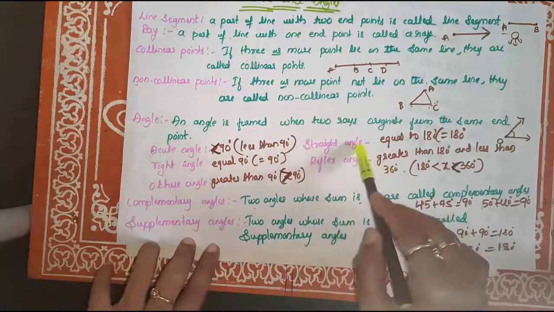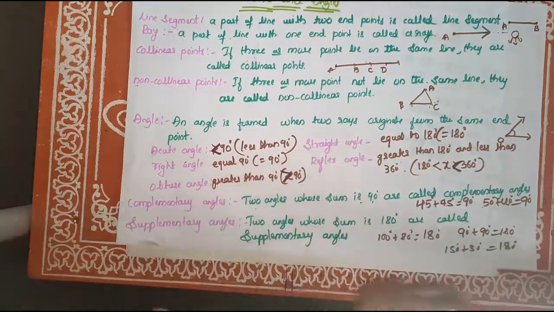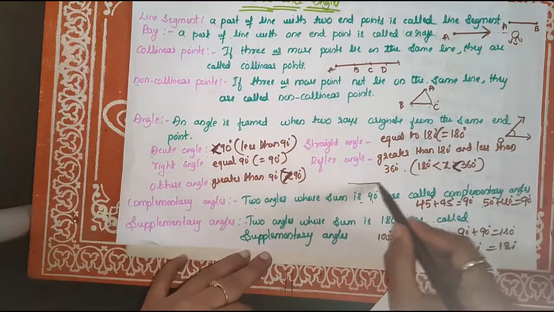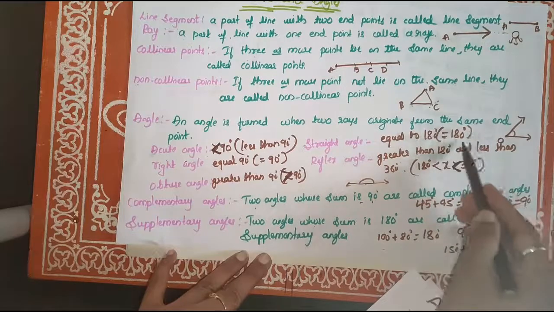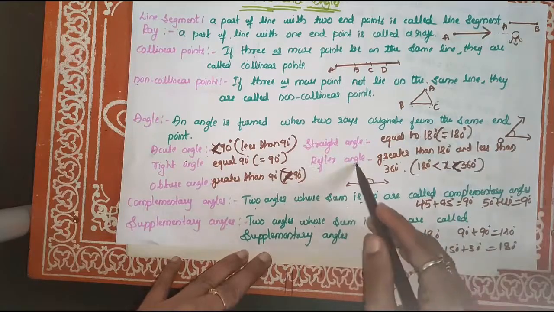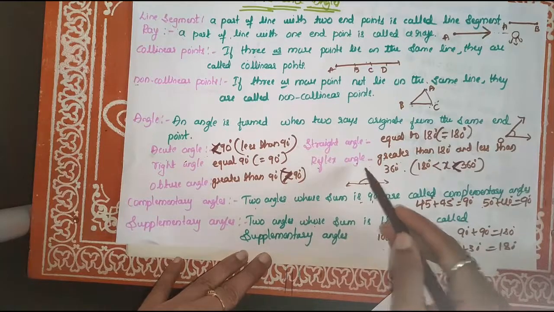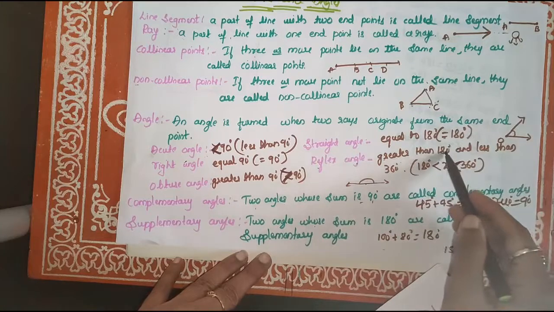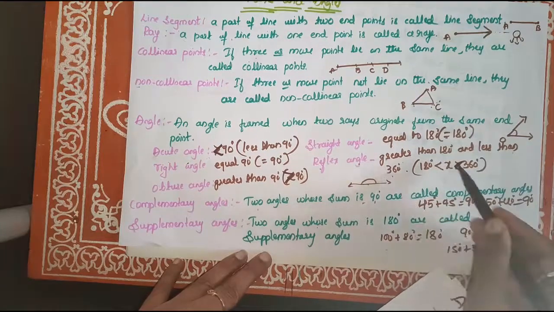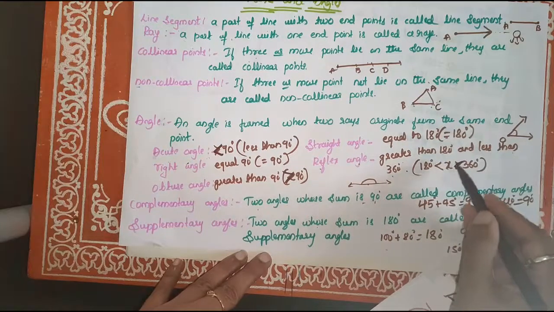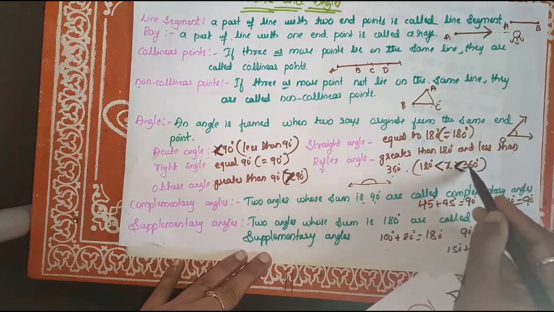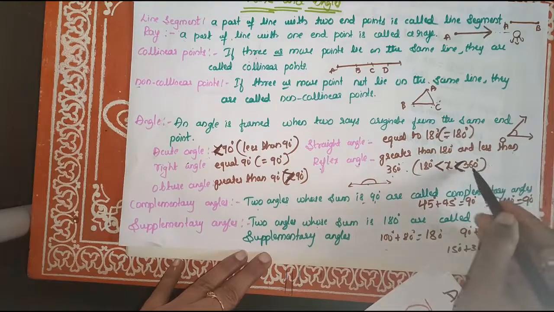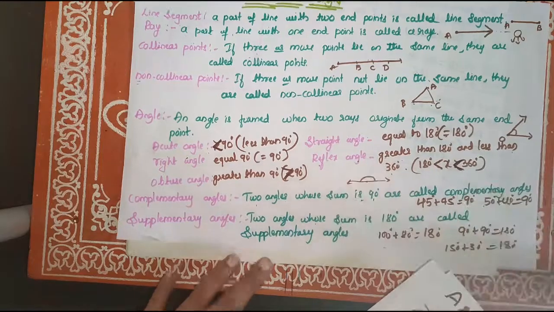And the straight angle means the straight line. The straight angle is how much? It is equal to 180 degrees. Reflex angle is greater than 180 and less than 360. If you consider x as an angle, it is always greater than 180 and less than 360 degrees. Then it is called a reflex angle.